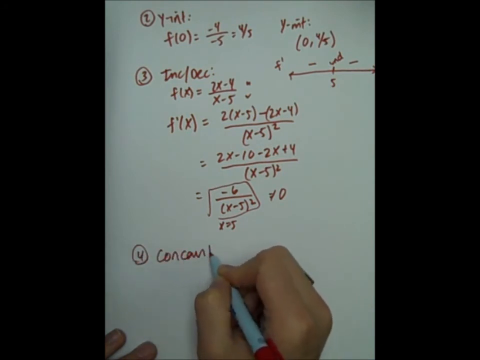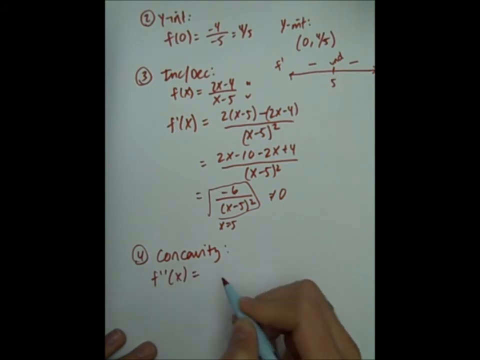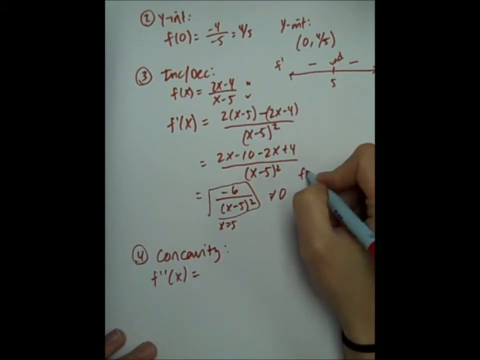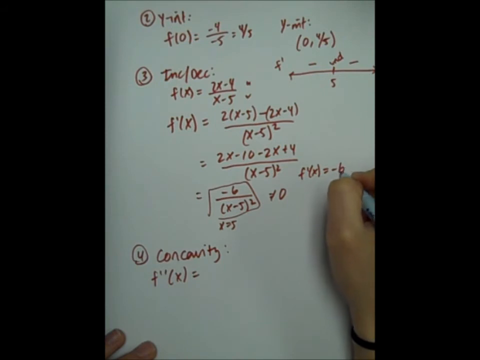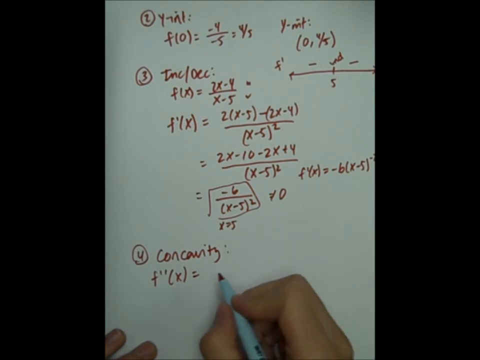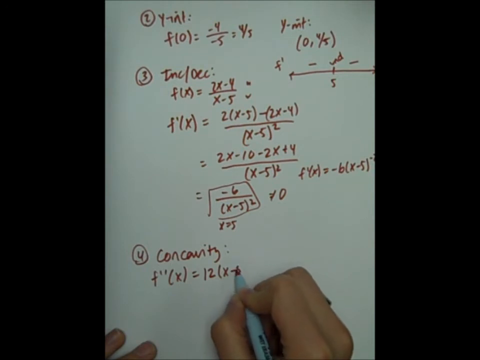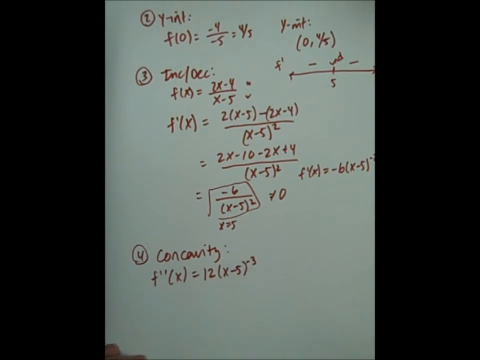Now let's look at concavity. So for that I need the second derivative. So remember that the first derivative we simplified to be negative 6 times (x minus 5) to the negative 2. I'm just going to rewrite it slightly. So to take the second derivative, I'm going to use the chain rule and get 12 times (x minus 5) to the negative 3 times 1, but I'm not going to write the times 1.